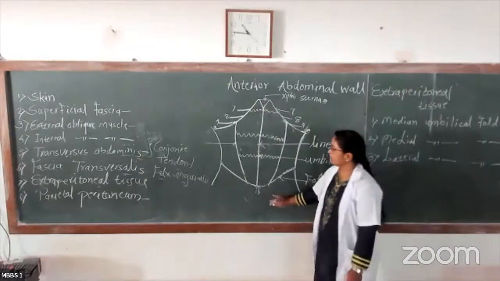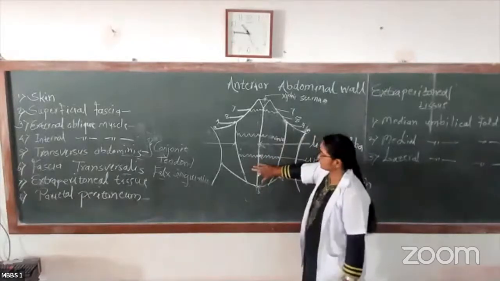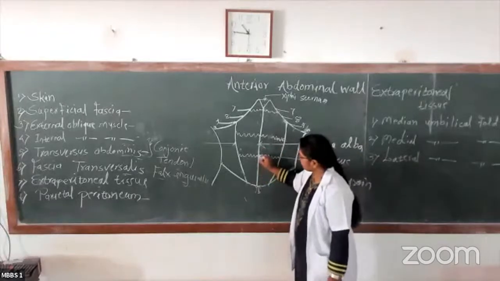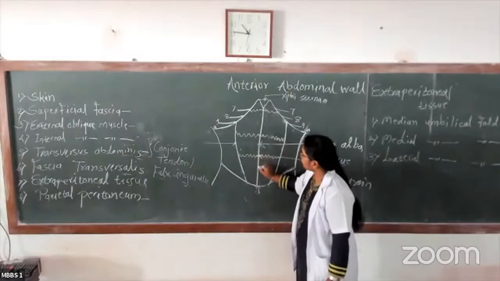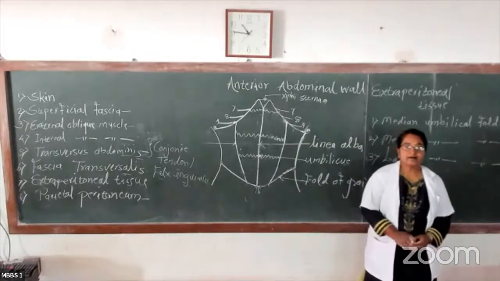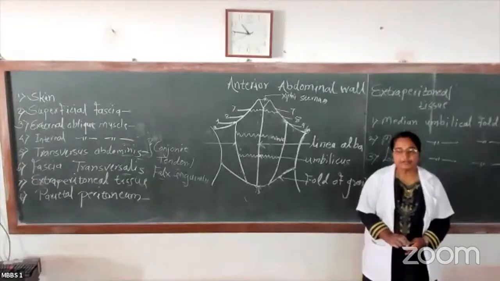So below the umbilicus, imagine posteriorly, that is the deepest layer, there is one median umbilical fold which contains the median umbilical ligament, which is a remnant of the urachus.